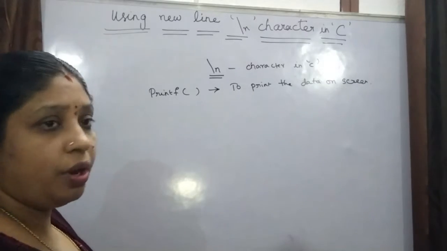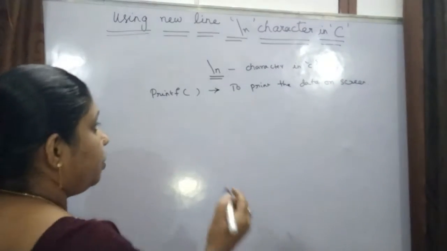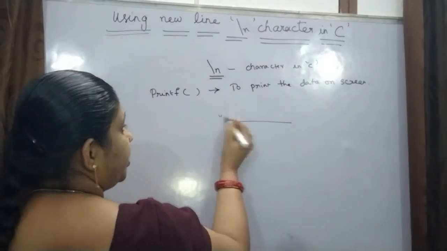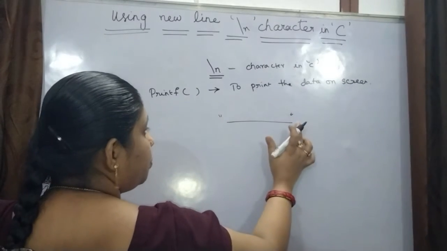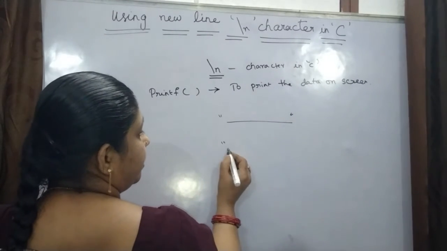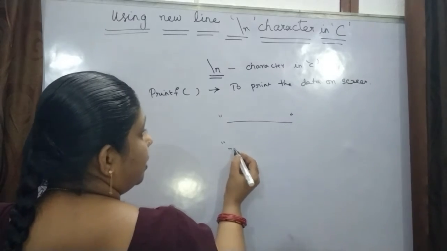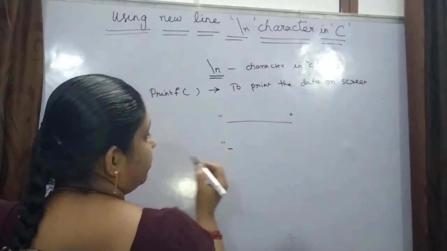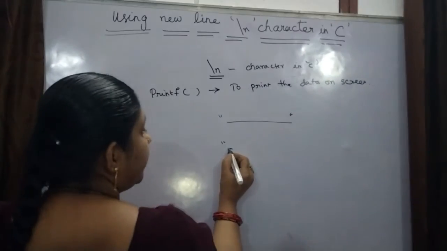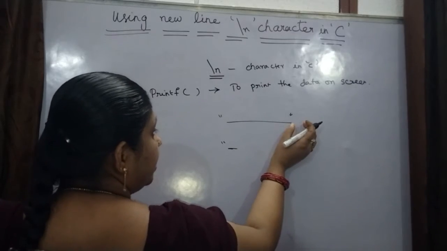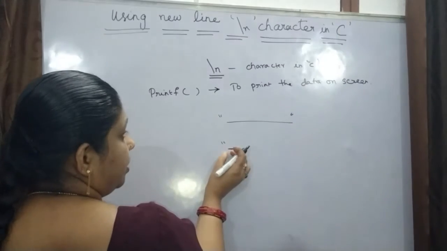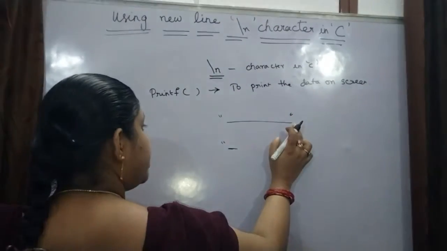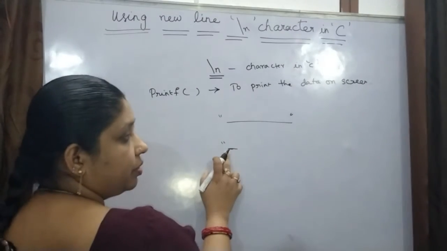When you are printing some data, suppose you have printed data from here to here and you want to print the data in the next line. You want printing of data to start from the next line, not from here. First it will print from here to here, over. Now the cursor should come to the next line.